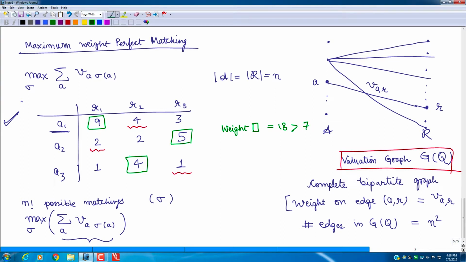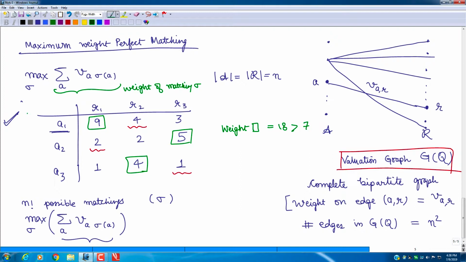So that's what I mean. You go over all possible matchings. Here it would be 3 factorial, which is 6, and then you find that particular matching which has maximum weight. This particular quantity is the weight of matching sigma, and then you maximize this quantity over all sigma.